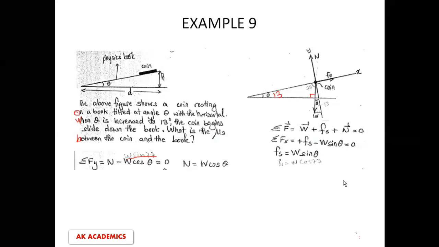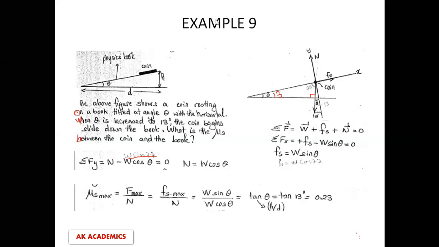The next thing you want to pay attention to is this. We said earlier, if you remember, that our Fs max is equal to mu s multiplied by N, isn't it?